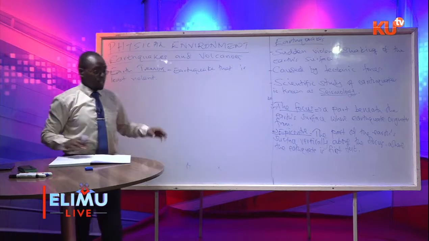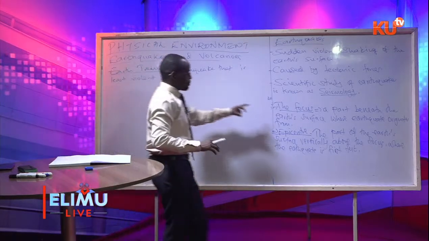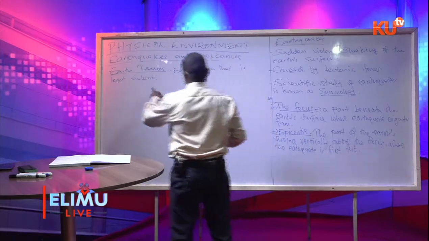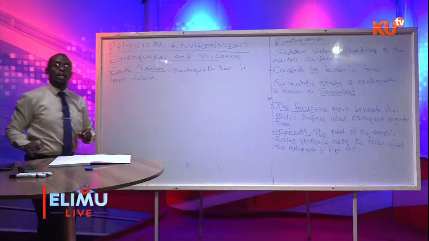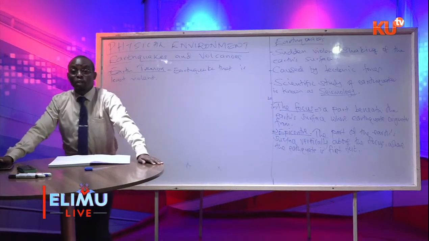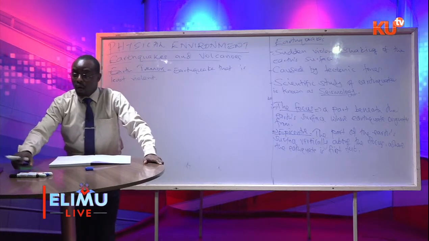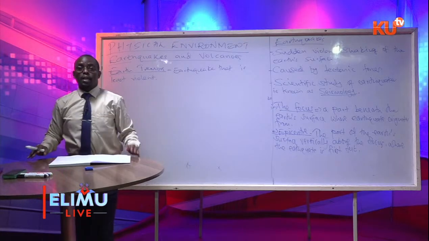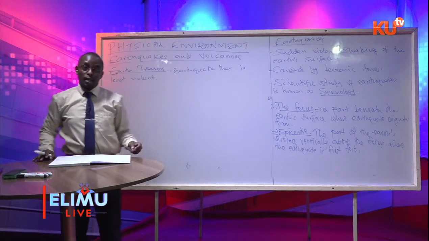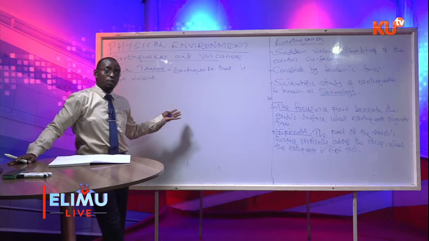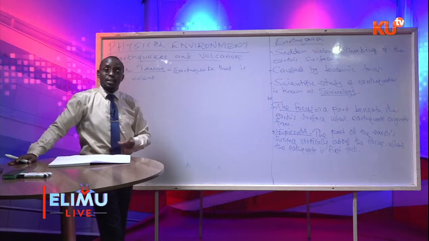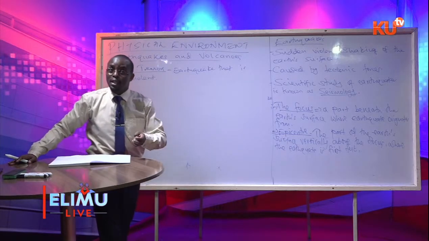So, having understood these 3 important terms, we may ask ourselves, why do we experience earthquakes in some parts of the world more frequently than others? As I have said before, the parts where earthquakes occur frequently are located along the plate boundaries.